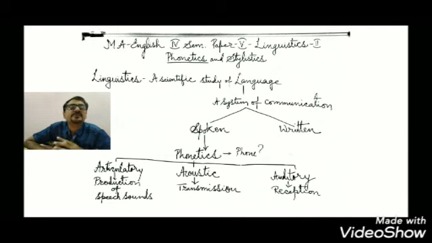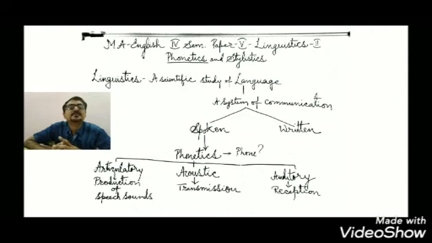Later, we have acoustic phonetics. That is regarding the transmission of those sounds which we articulate, which we speak. Transfer from one person to another, the means of transfer. We study those things in acoustic phonetics.